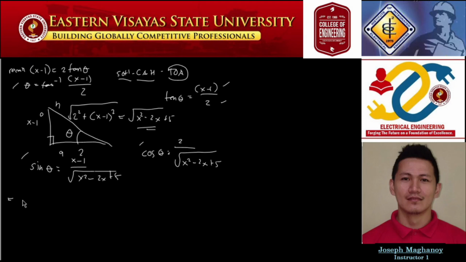First term, that is 1/2 ln of the quantity x squared minus 2x plus 5, plus we have 2 times 1/2 arctan of x minus 1 over 2. That is your second term. For your third term, we use the power formula here. That is 3/2 times the quantity x squared minus 2x plus 5 raised to negative 1.